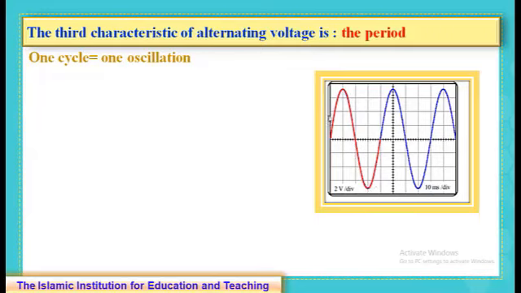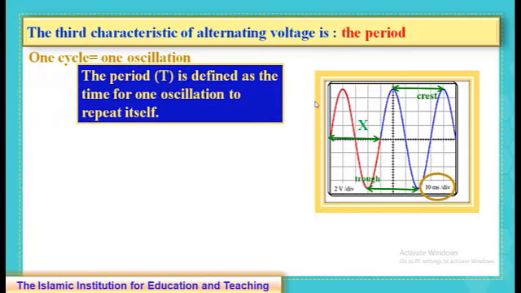Now we want to calculate the period of this cycle or this oscillation. The number of divisions of this oscillation is represented by X. X here is equal to 1, 2, 3, 4 divisions, or we can calculate the number of divisions from the crest to the crest or from a trough to a trough.